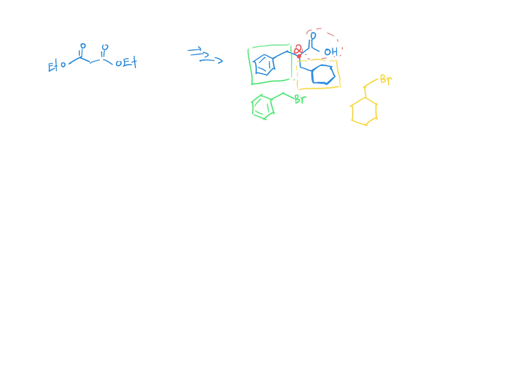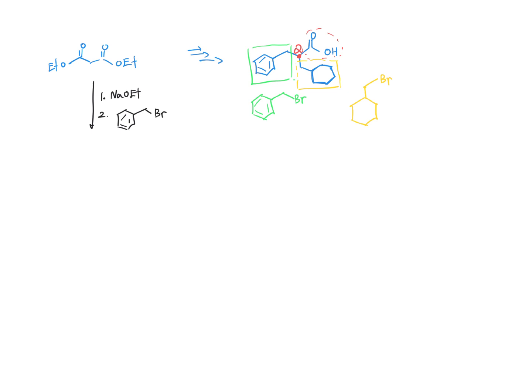So those are the pieces. So how to achieve this reaction? Again, we will introduce one of the alkyl groups at a time. First we are going to use our sodium ethoxide to form the enolate.